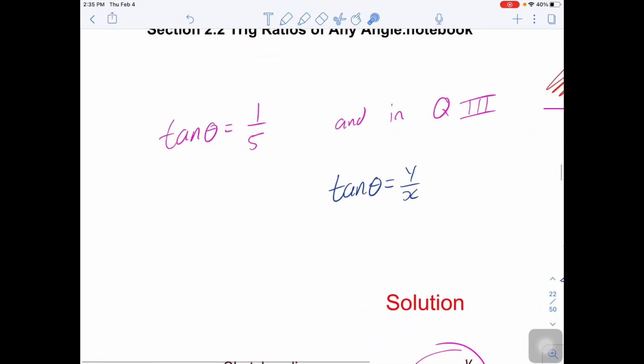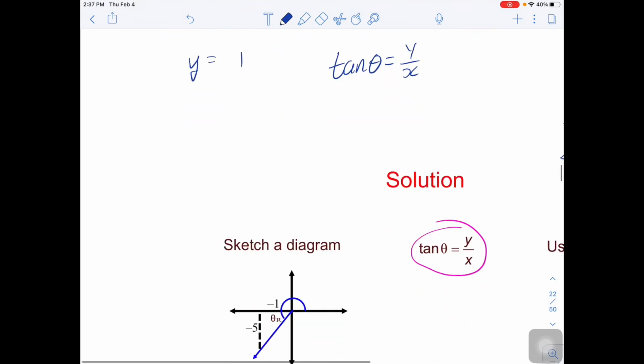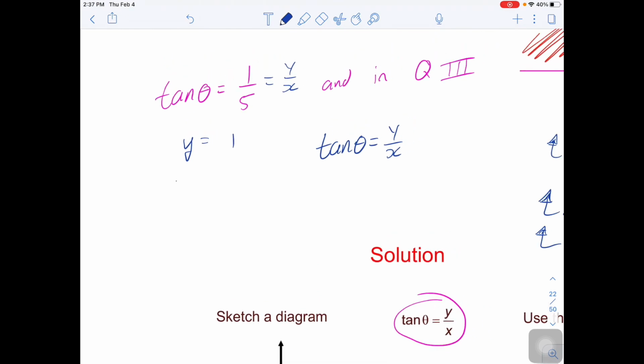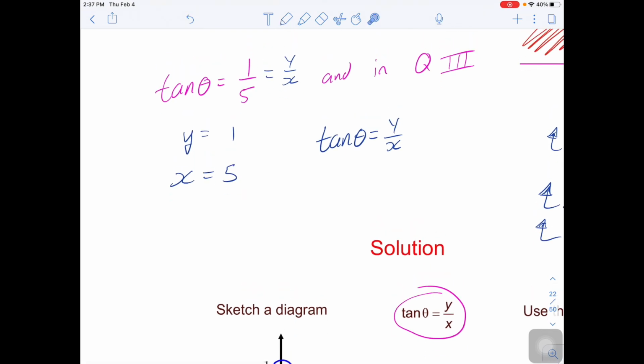So at this point, you can start extrapolating values that you need to know. So if this equals y and this equals x, we can say y equals 1 and x equals 5. But some things to note here again.